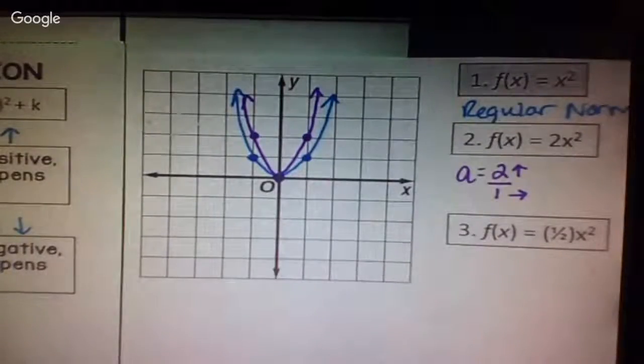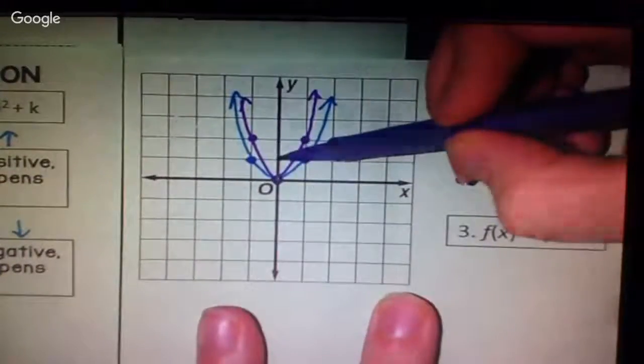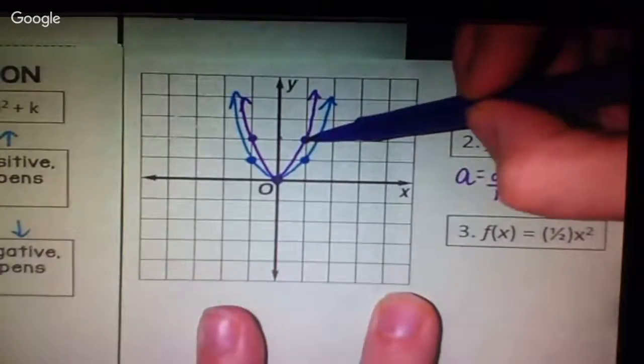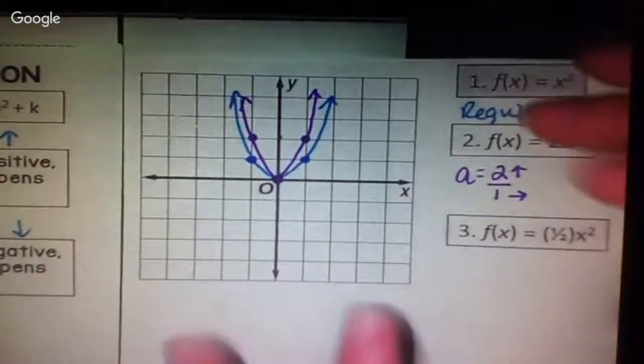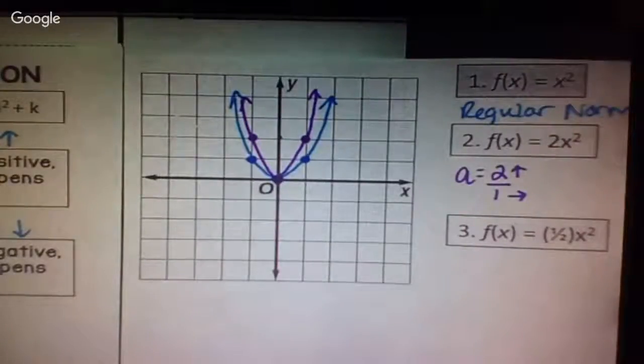What was your question now, please? I still don't understand. How did you move up 2 and move to the right 1? From here, I went 1, 2, and to the right. Okay, so let me make up a different one.